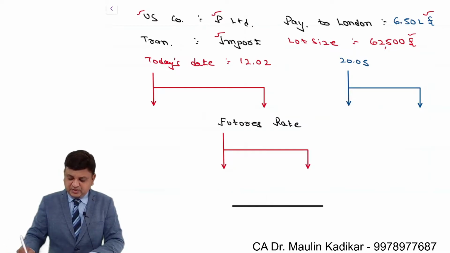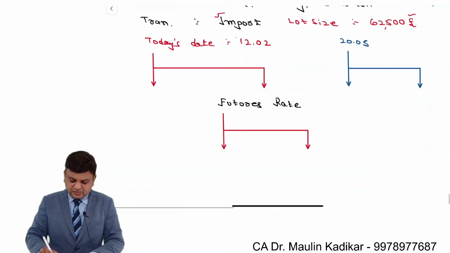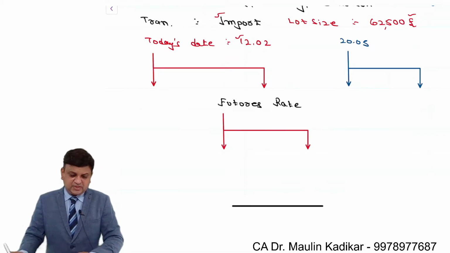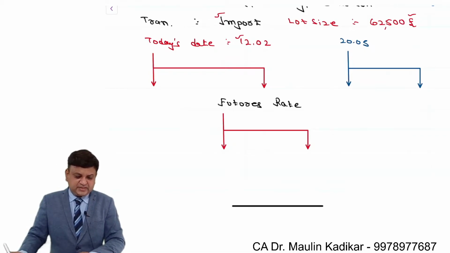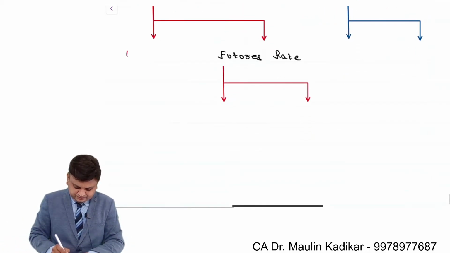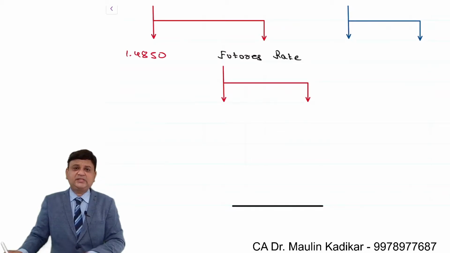Lot size is provided to us as 62,500 pound, and today's date is the 12th of February. The question is providing the information that there is a spot exchange rate of 1.4850 dollar per pound.